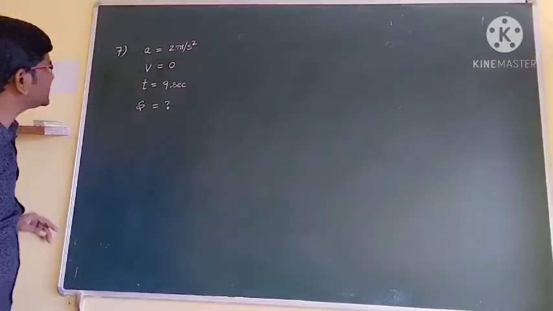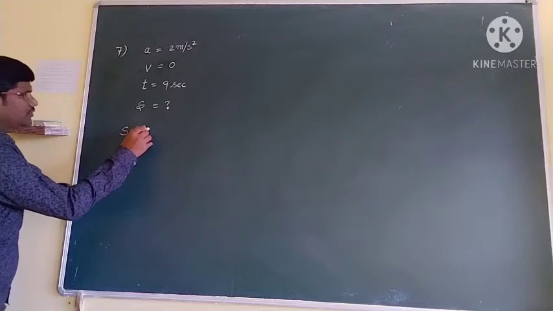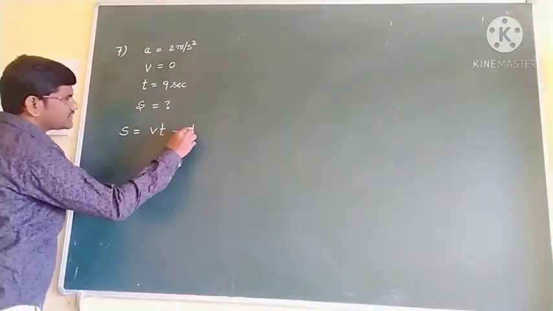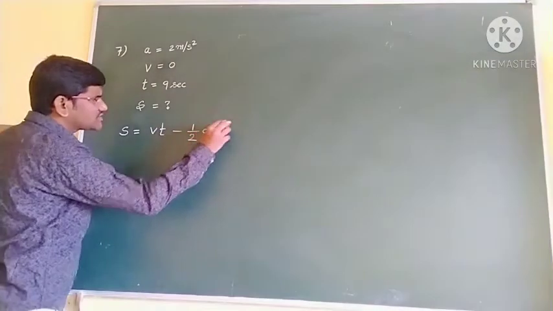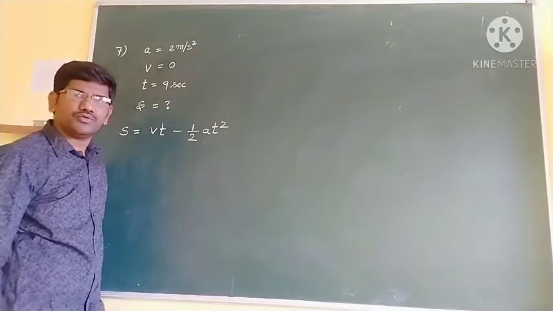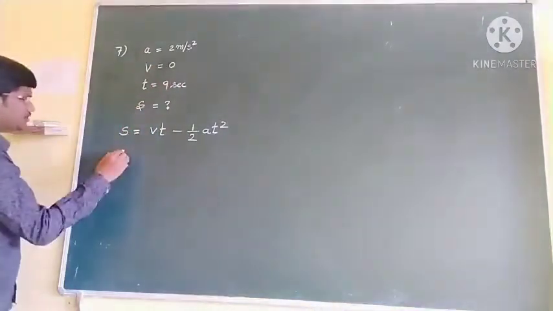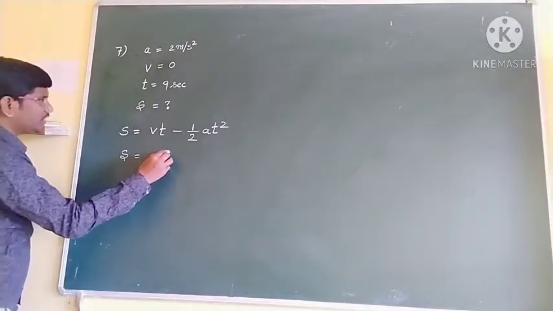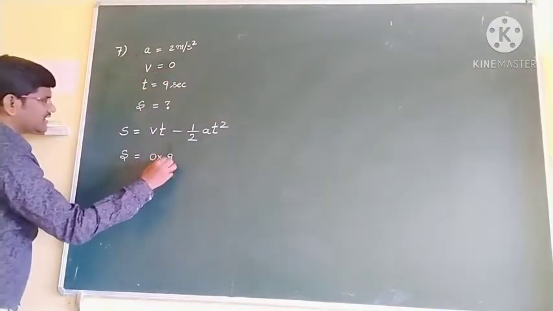So we have the formula S is equal to Vt minus half a t square. This is also one of the equations, like S is equal to ut plus half a t square. It finally comes to rest, so displacement is equal to final velocity 0 into time t, which is 9 seconds.